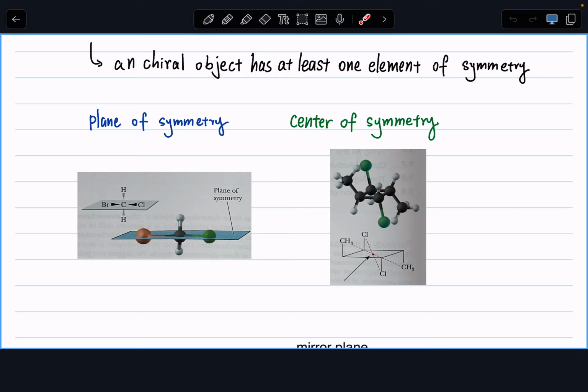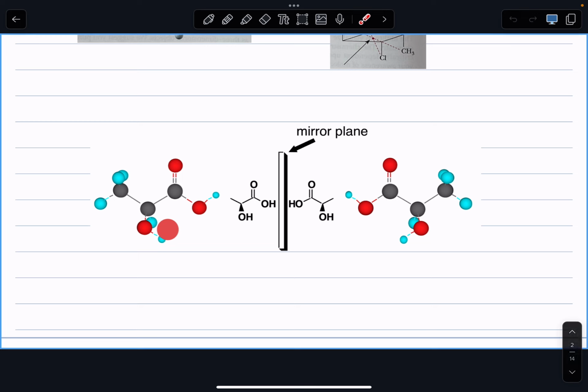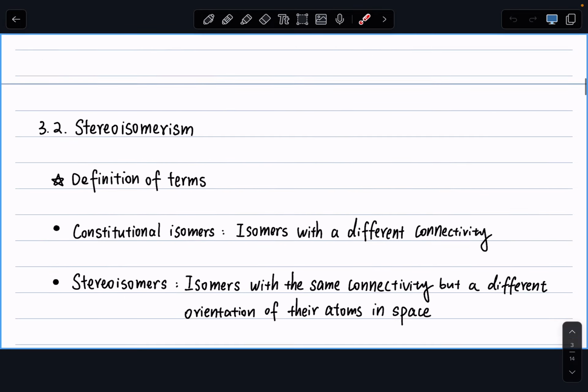All right. And we just went over this example here. If you have two molecules in which you can have a mirror plane in between these two molecules, these are a pair of chiral molecules. And now we have this pair of chiral molecules. Let's clear up some of the terminology in organic chemistry.